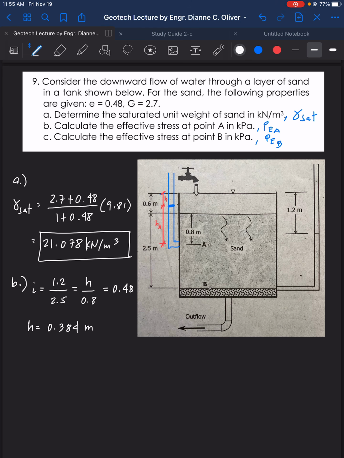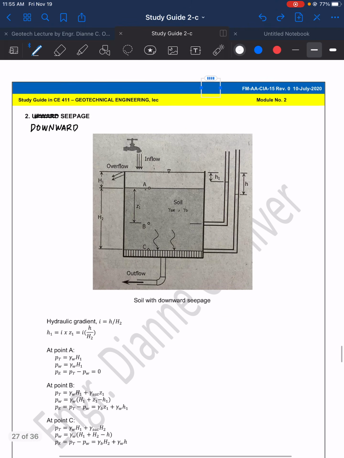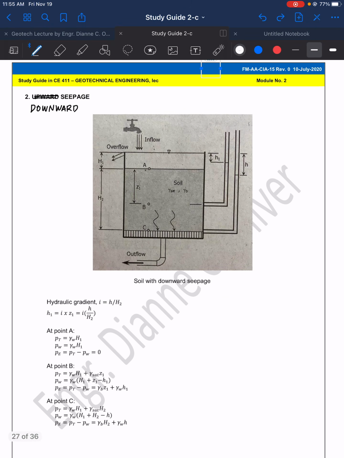So we need that in computing for the water, because in the study guide for the downward seepage, at point B here, you observe that for the pore water pressure, we need the value for H sub 1 there. Okay.